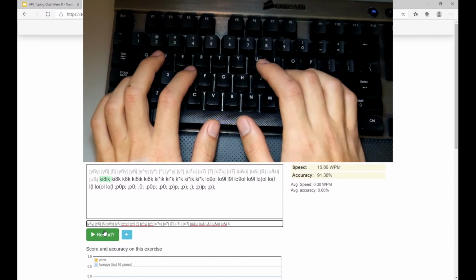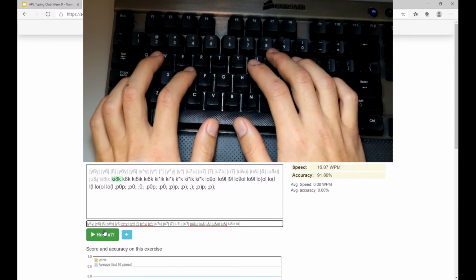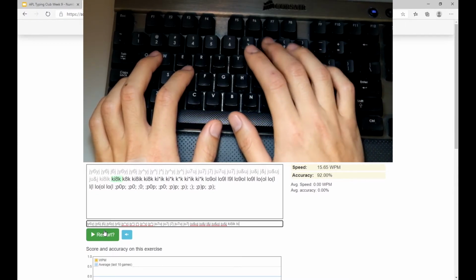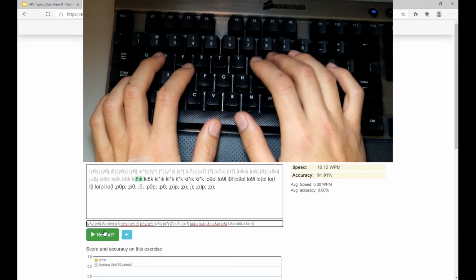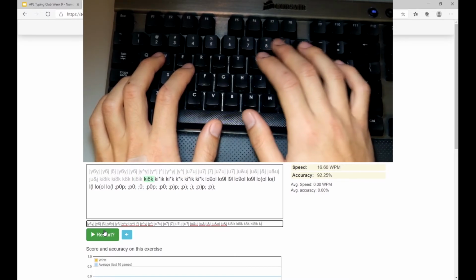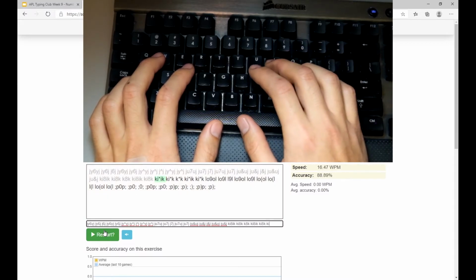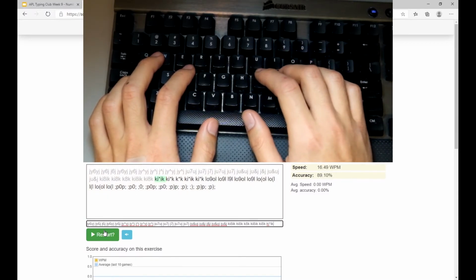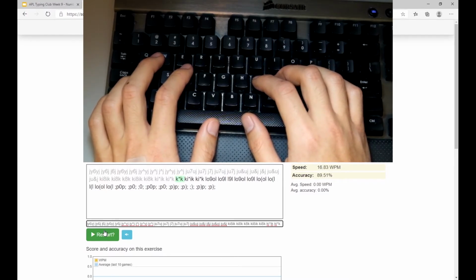And the right middle finger is responsible for the number 8, and also the asterisk symbol.